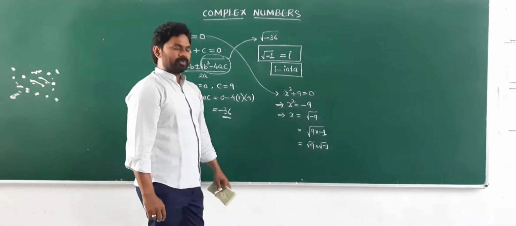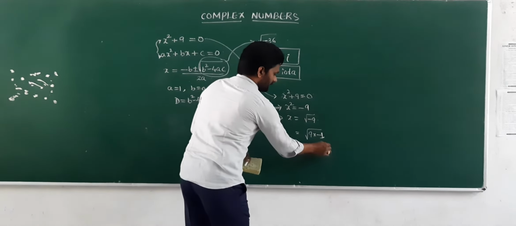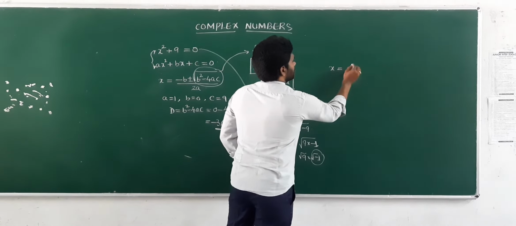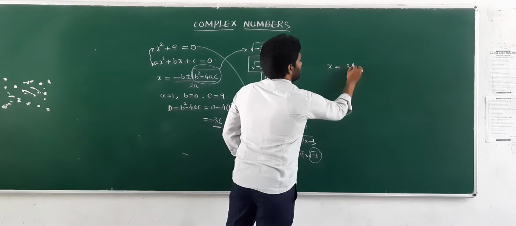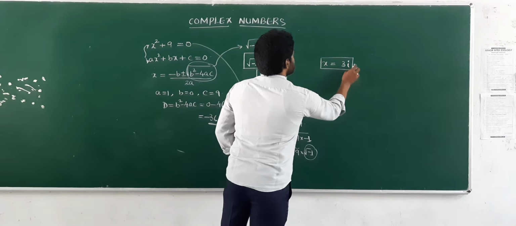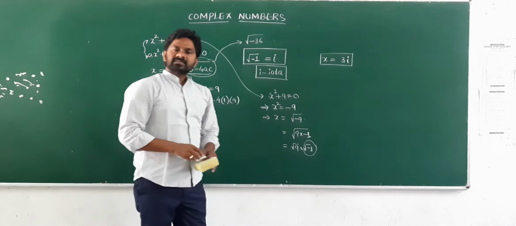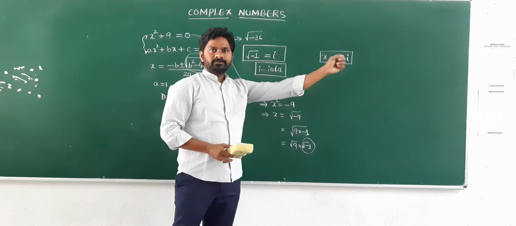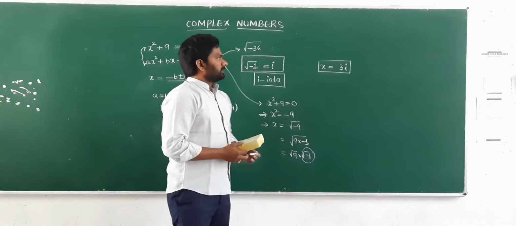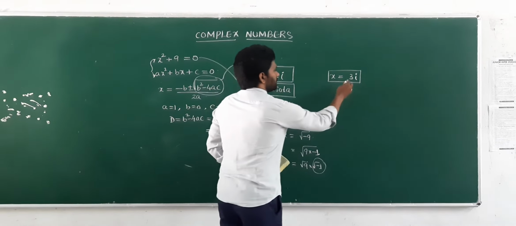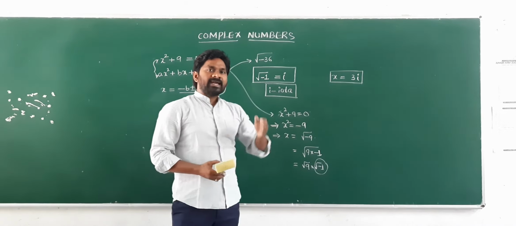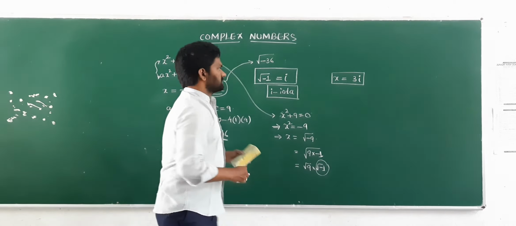Now the square root of 9 is 3 and the square root of minus 1 is i. Then we are able to represent the imaginary value x equals 3i. So this is the representation for complex numbers. Now we will discuss the standard form of a complex number.